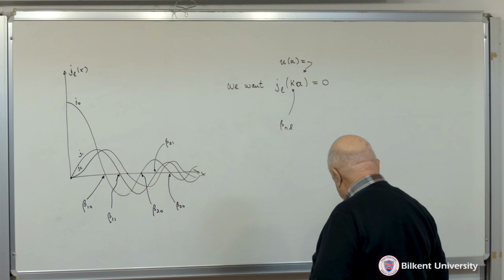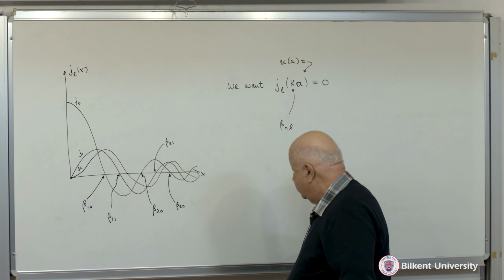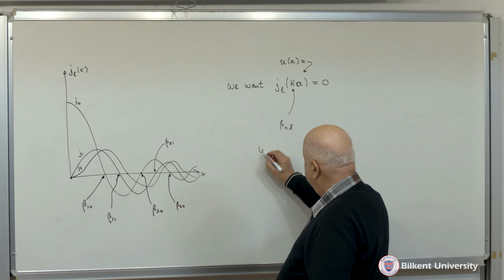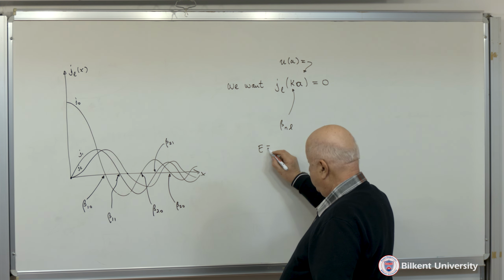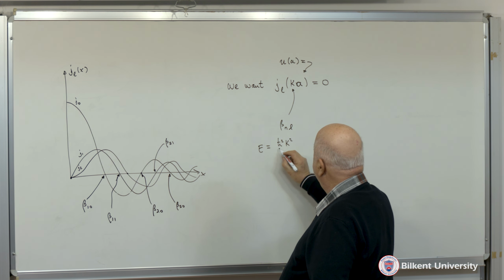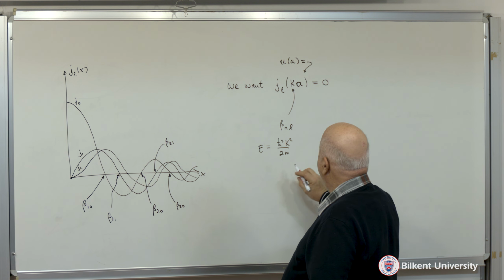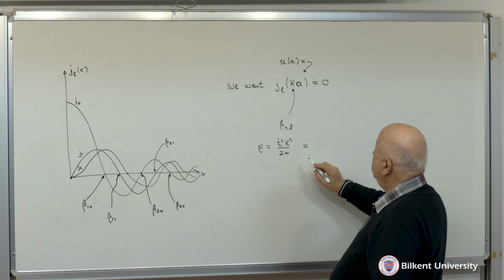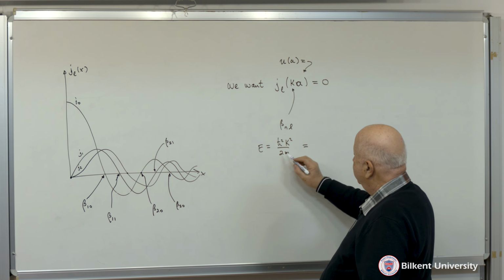If I do that, then what do I get? Well, my energy is k squared, so my energy is equal to h bar squared k squared over 2m. So now I have to put an index.